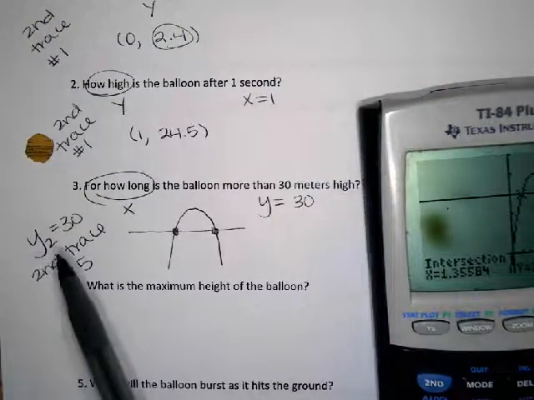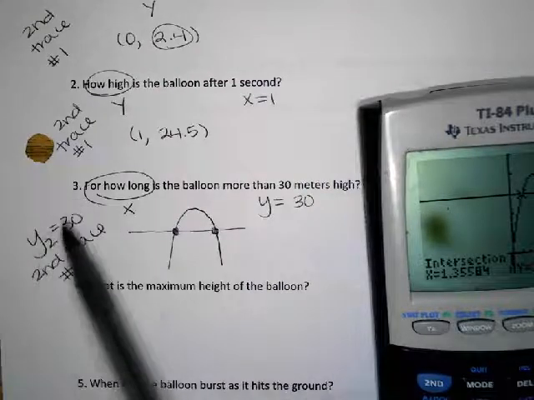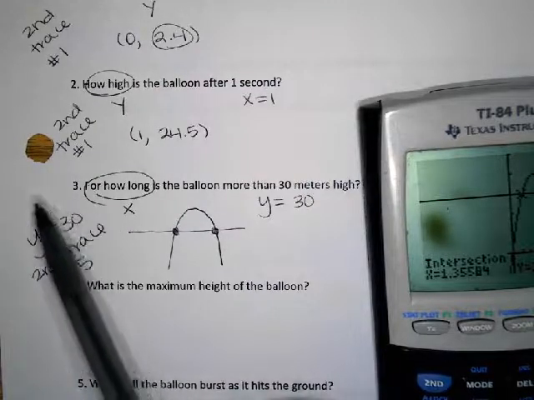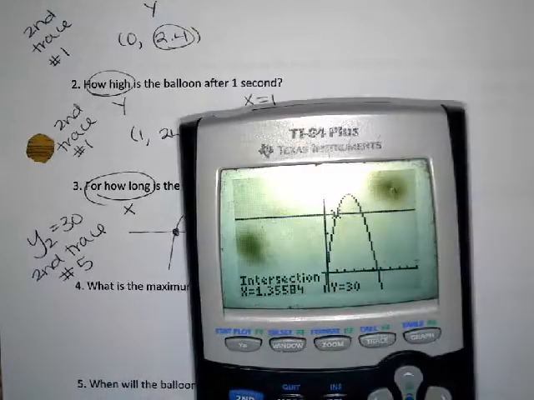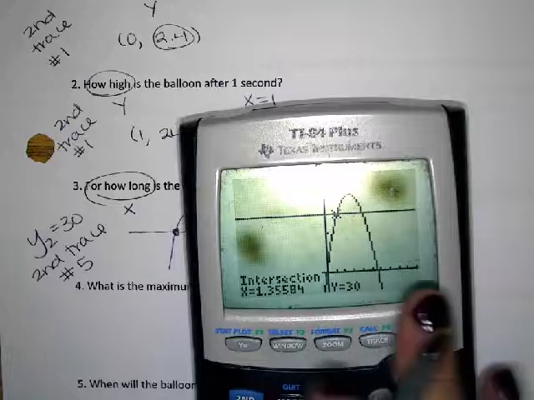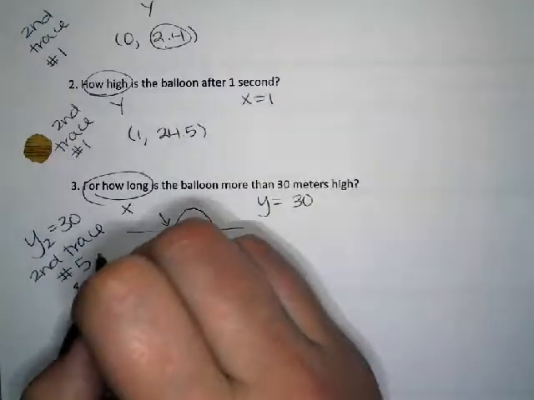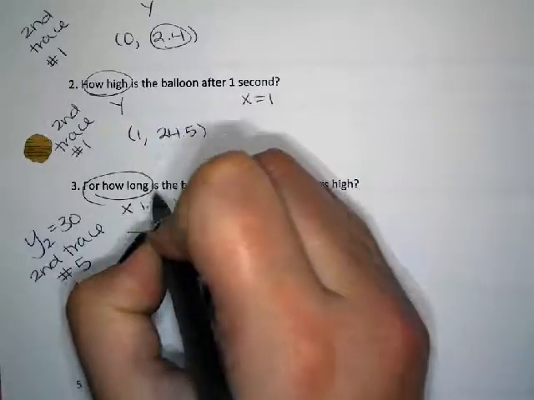Okay, so my first intersection is this. I'm going to write all the decimals because in math, we never round in the middle of a problem. You guys know that? We never round in the middle of a problem. We're in the middle of the problem right now. Okay, so there's the first intersection.